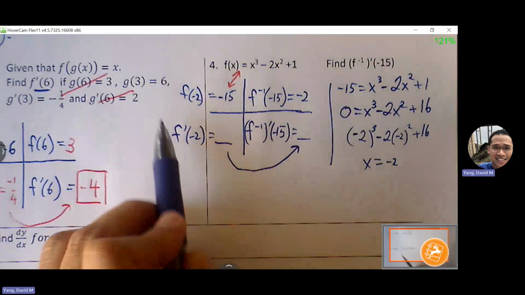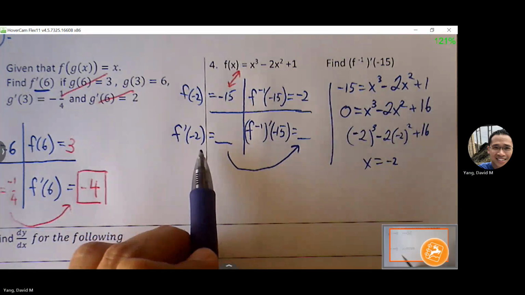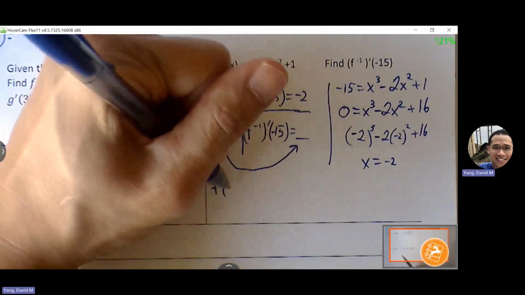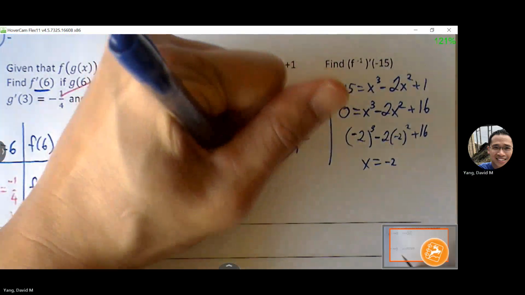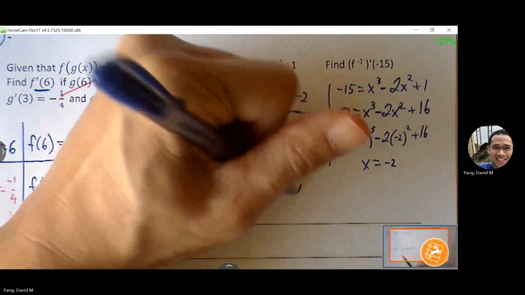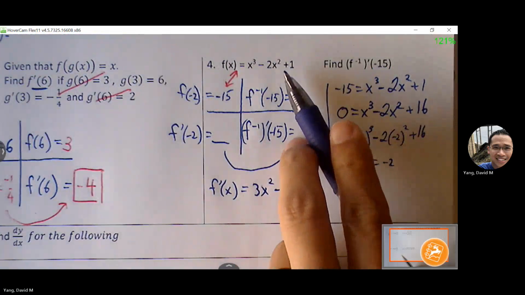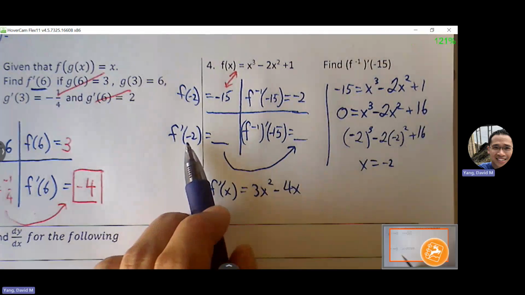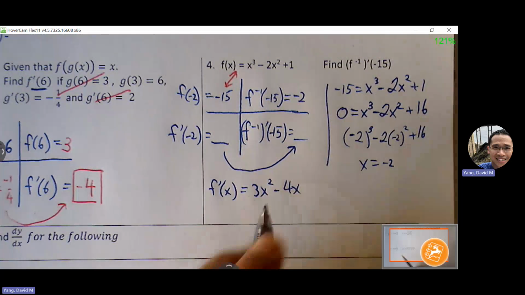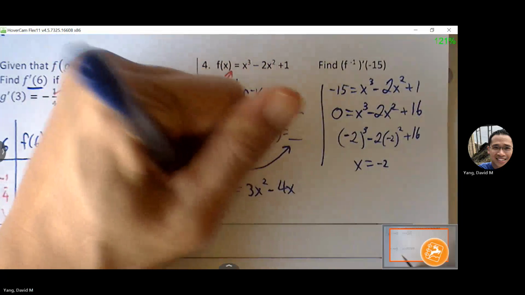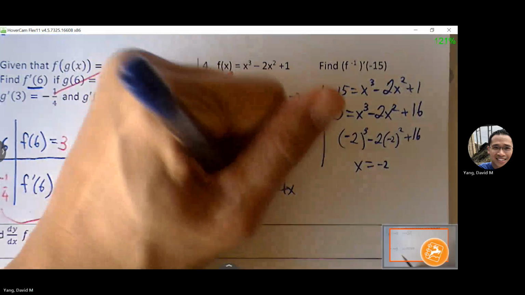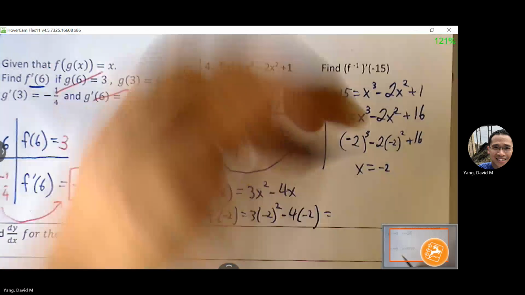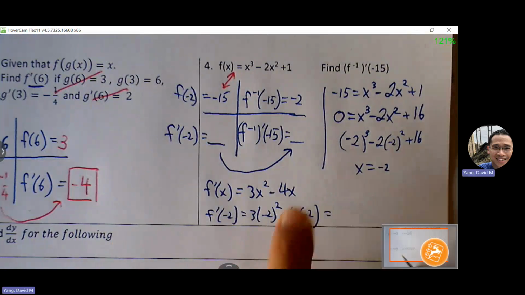So how can I find f prime of negative 2? Yeah, find the derivative. Okay, so f prime of x. There's my derivative. Insert negative 2 in to get my slope. Plus 8 is 20.